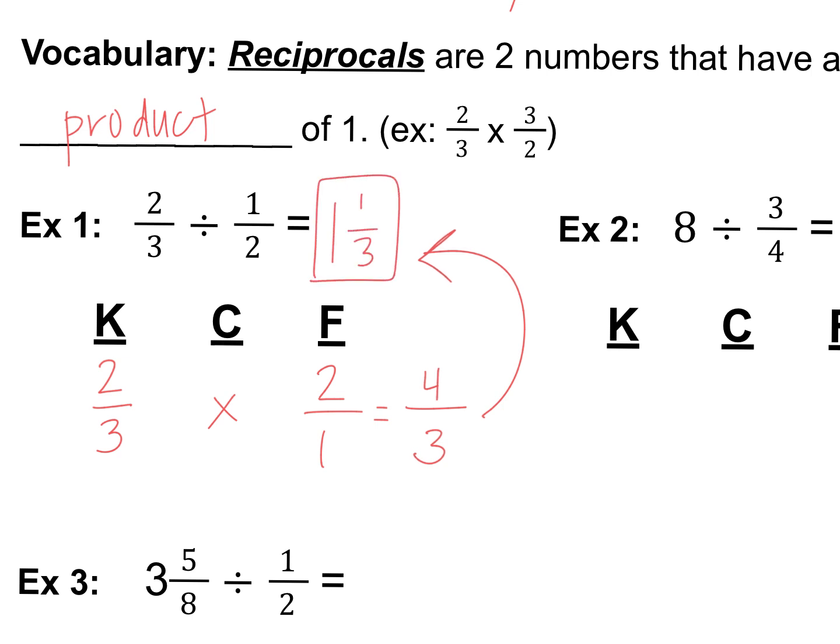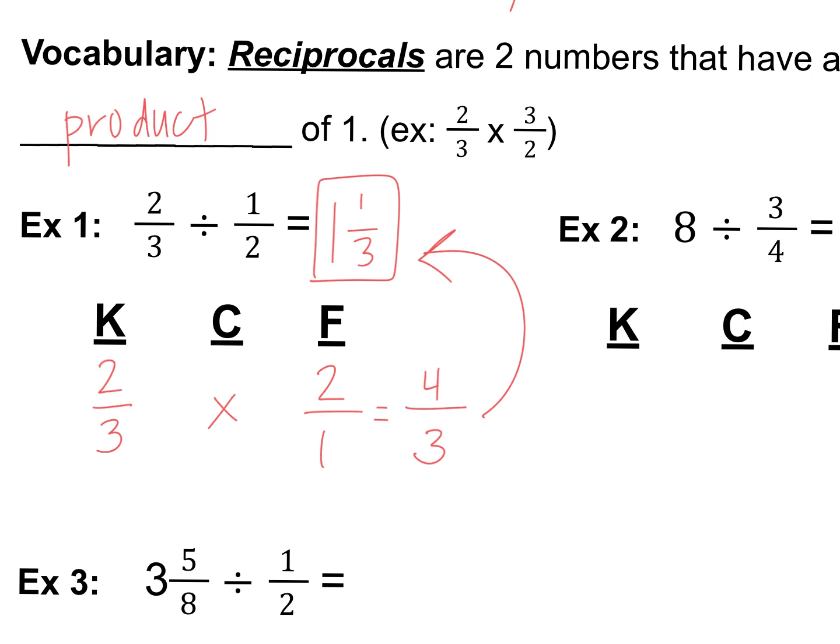That's weird. It got bigger. It is weird, because usually when you're dividing, it gets smaller, right? So think about this for a second. Whenever you're multiplying regular fractions, like if I have 2/3 and I am going to multiply by 1/2, I'm multiplying by a number that is less than 1.